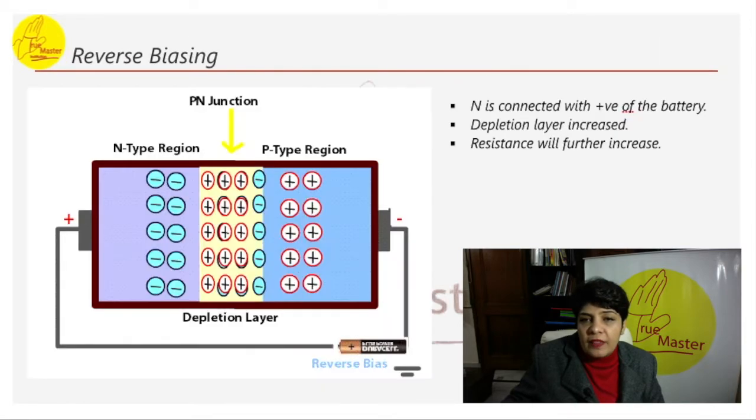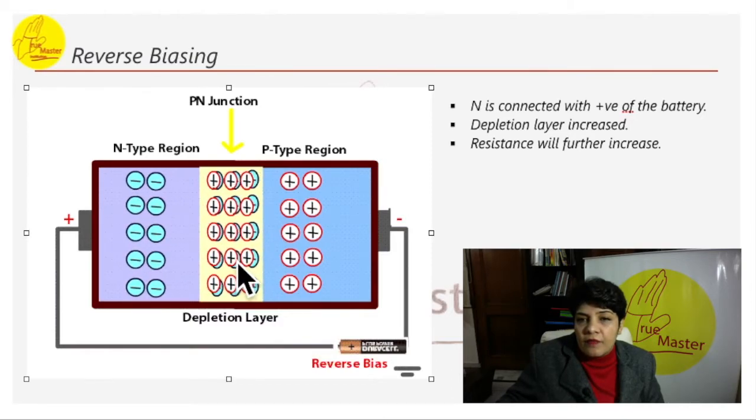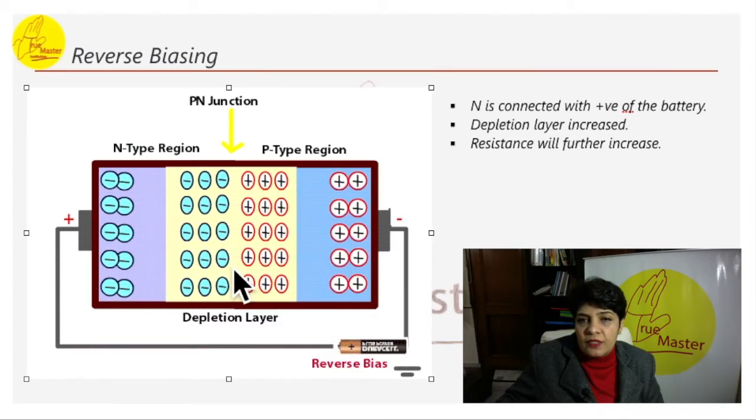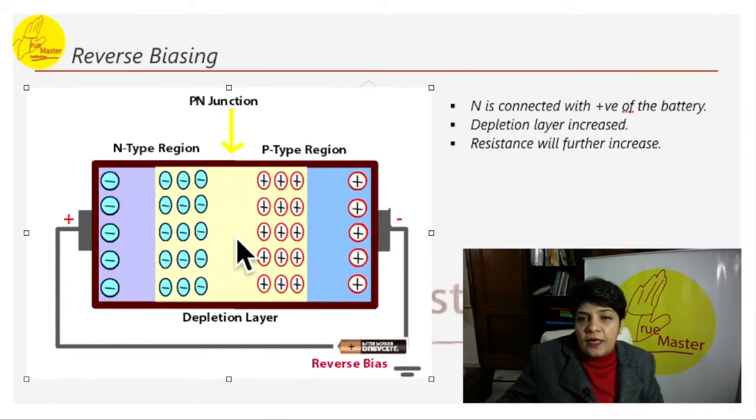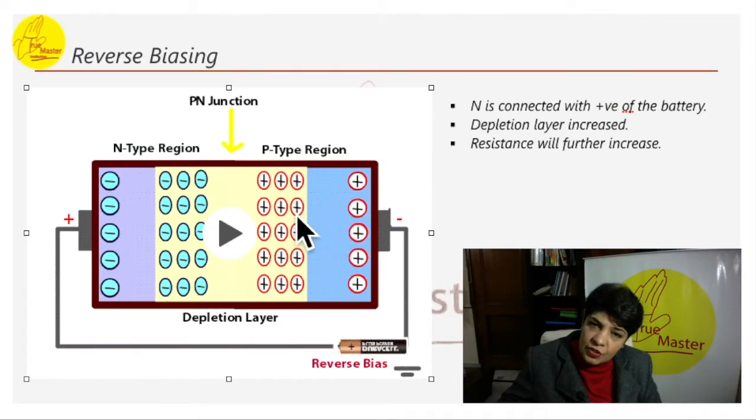Let me play this. When we reach this stage, the potential barrier has increased, but apart from these holes, there are some tiny electrons as well. They start flowing in this direction, which gives you a small micro current.